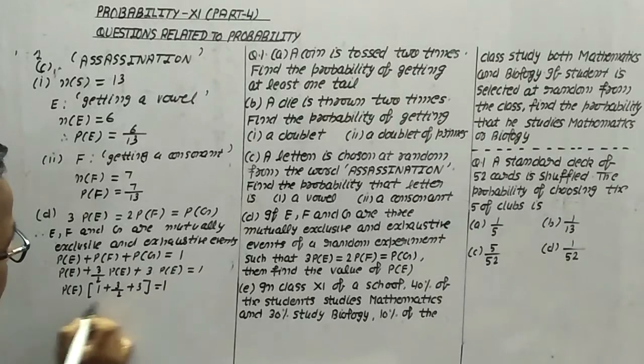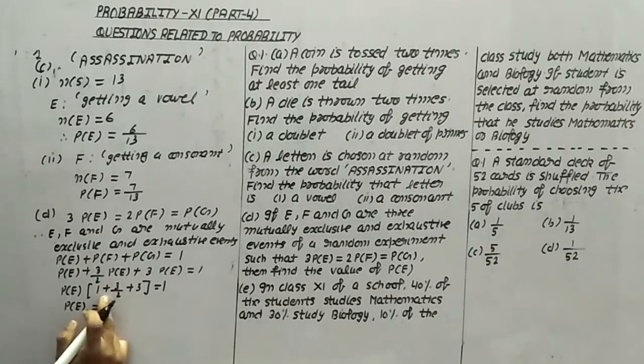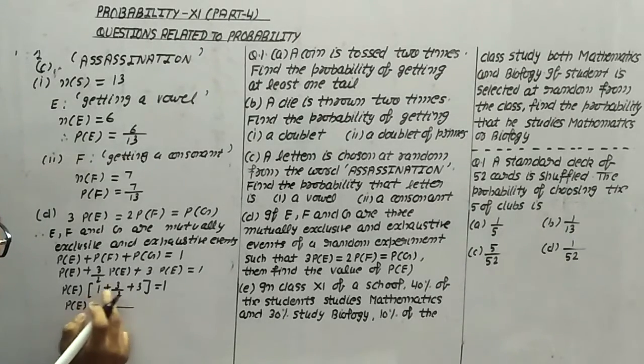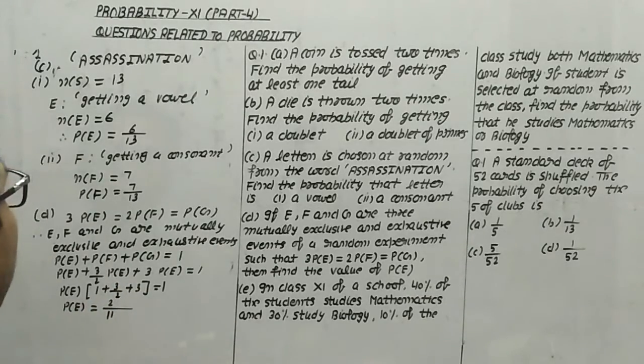After taking the LCM, we are getting the probability of E is equal to, now 2 is the LCM, it means 2 in the numerator, and this is 2 plus 3 is 5, plus 6 is 11. Therefore this is 2 upon 11, and this is the answer for this part, that the probability of this portion is 2 upon 11.